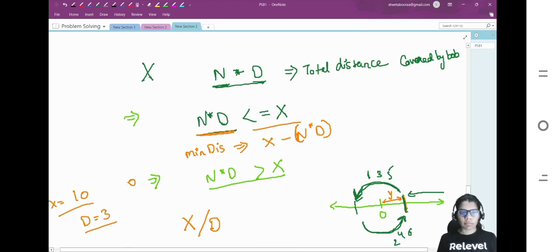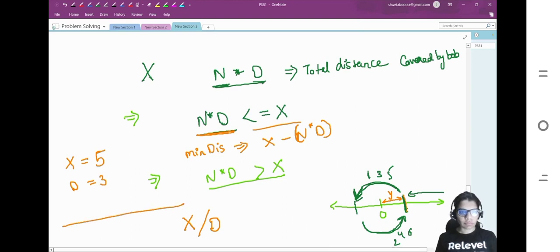Reason being, 10 is not a multiple of 3. So let's say if your x is equal to 5 and your distance d is equal to 3.